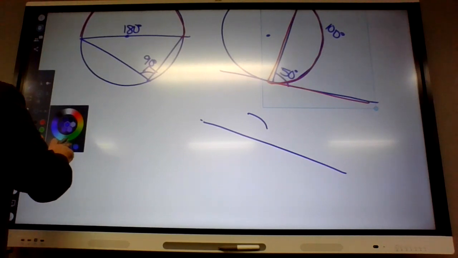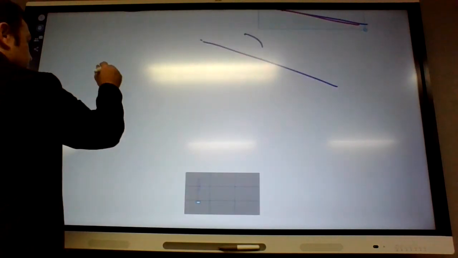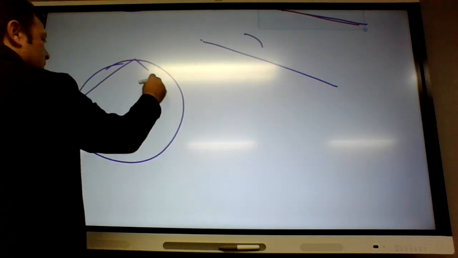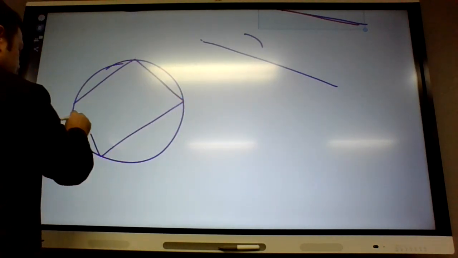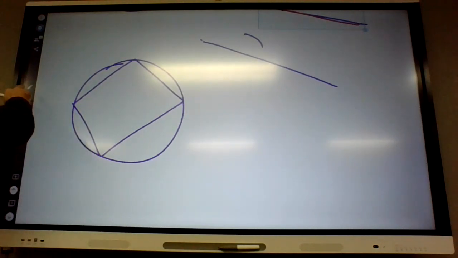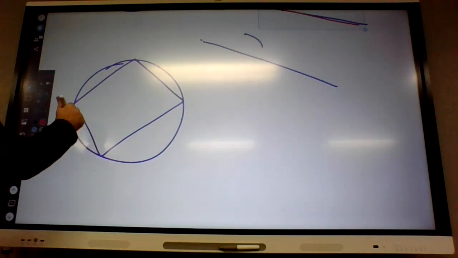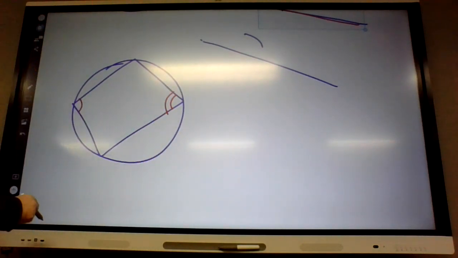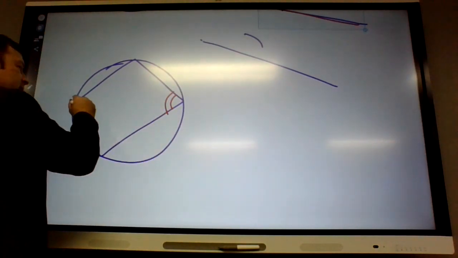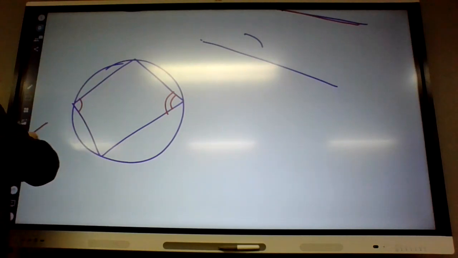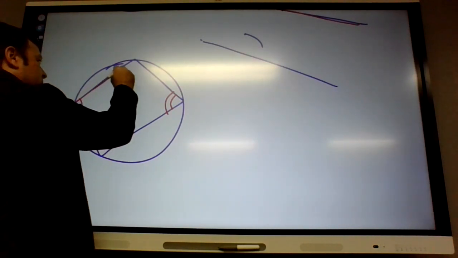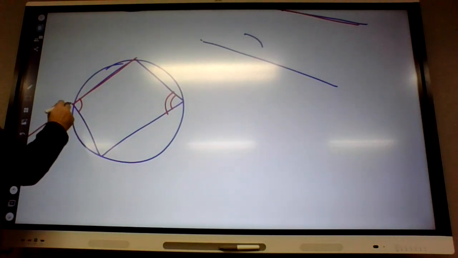What color do we want? If you draw a quadrilateral, this angle and this angle. Okay, this angle over here. So I have an inscribed quadrilateral, some kind of rectangle, but whatever, it doesn't matter.